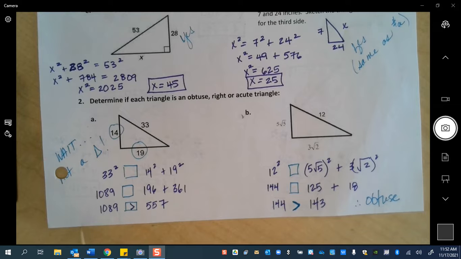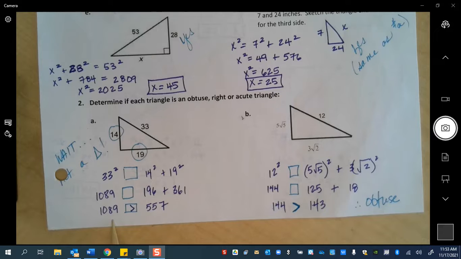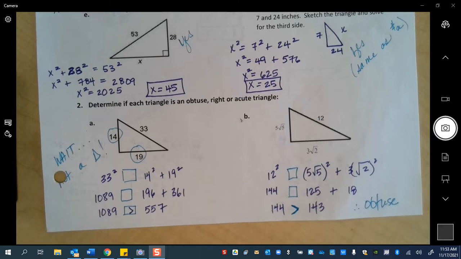So what ends up happening, if you get a ridiculously obtuse triangle, if your C squared is super, super, super, super big, take a moment and be like, oh, wait, did I forget that this is actually not a triangle? Because 19 plus 14 is 33, so that can't be a triangle.